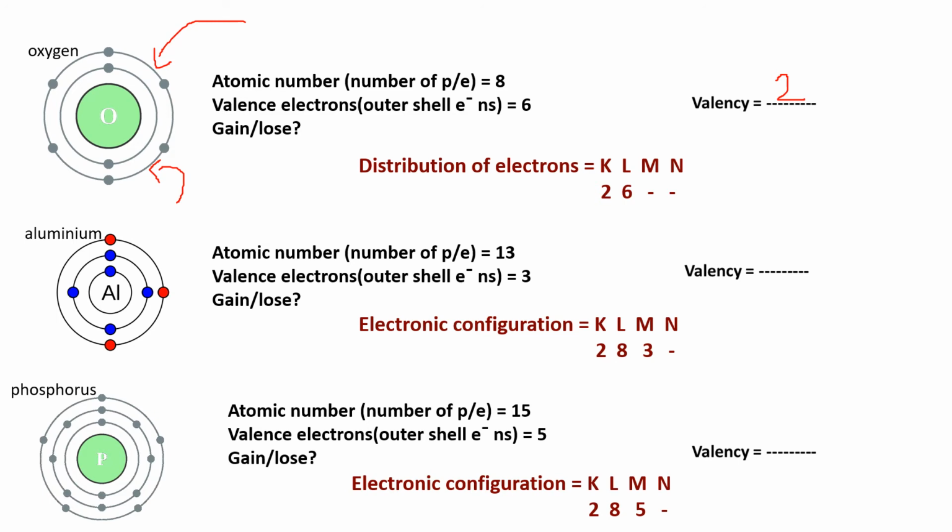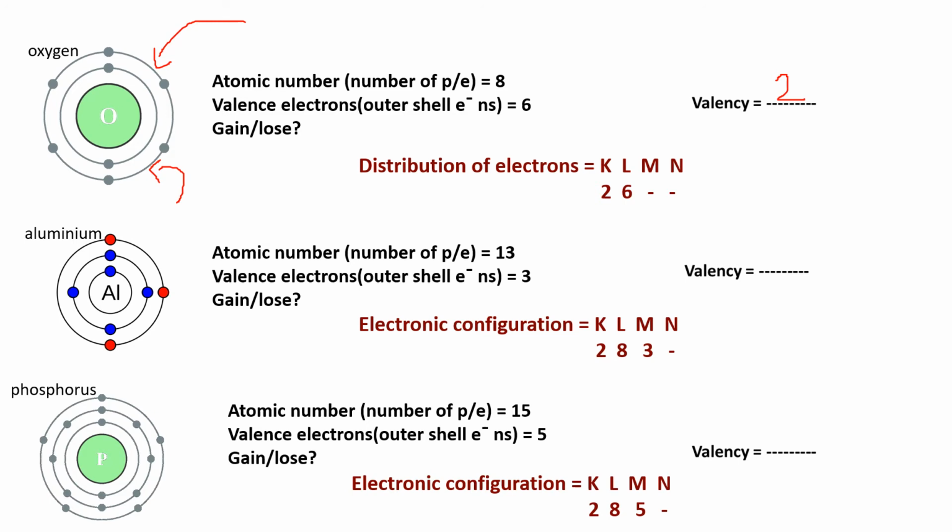So all atoms are trying to get the stability by completing 8 electrons in their valence shell. So the oxygen atom is always trying to get the stability by gaining 2 electrons from any other atoms. So when it gets 2 electrons, at that time it has 8 protons and 10 electrons.